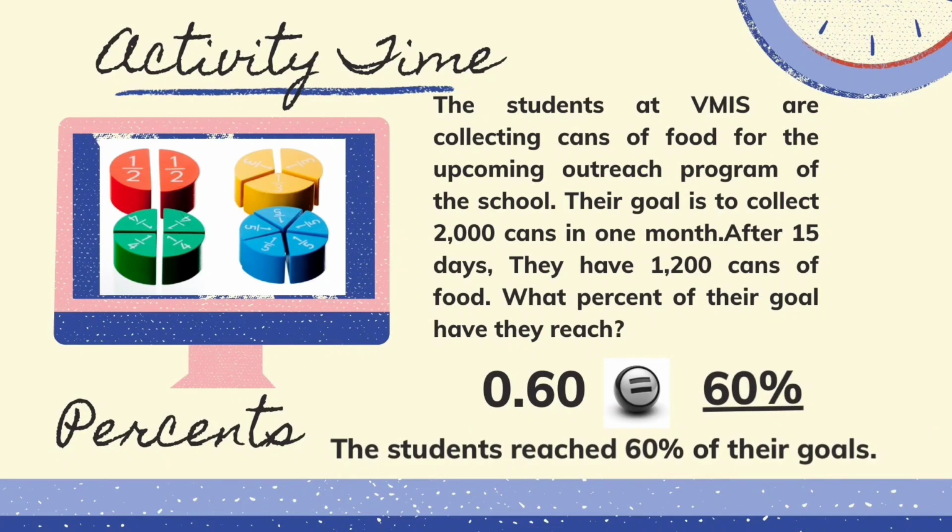We just move the decimal point 2 places to the right. So 0.60 will be 60%. The student reached 60% of their goal, meaning 1,200 cans is 60% of 2,000.